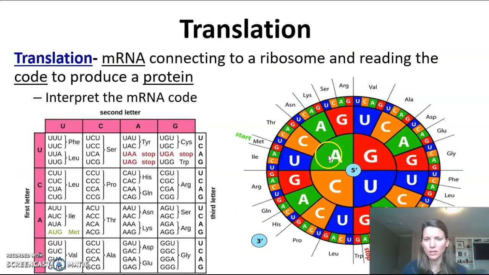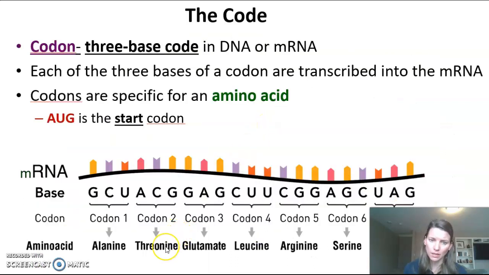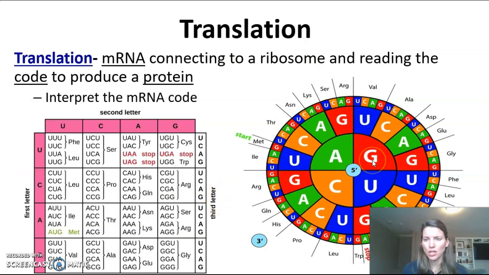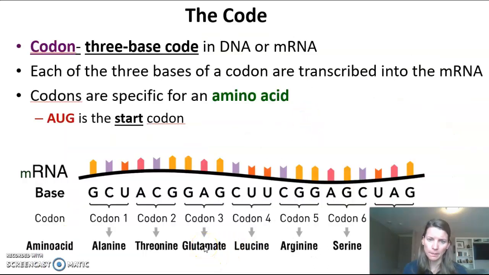A in the middle, C right here, G here, so that is THR, just a 3-letter abbreviation for threonine. Third one, GAG, GLU is the abbreviation for glutamate.